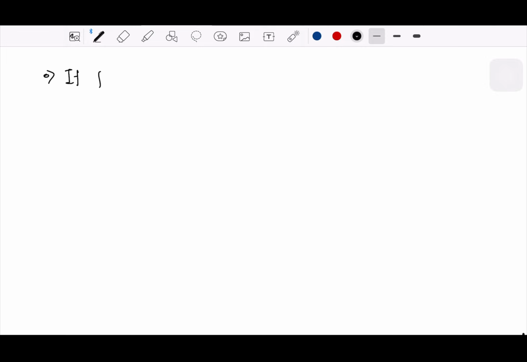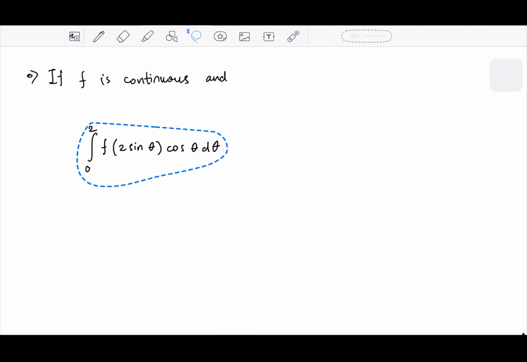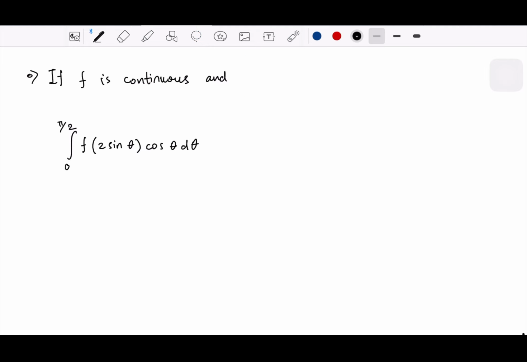If f is continuous and it's known that the integral from 0 to 2 of f of x dx is equal to 6, then this is the question.